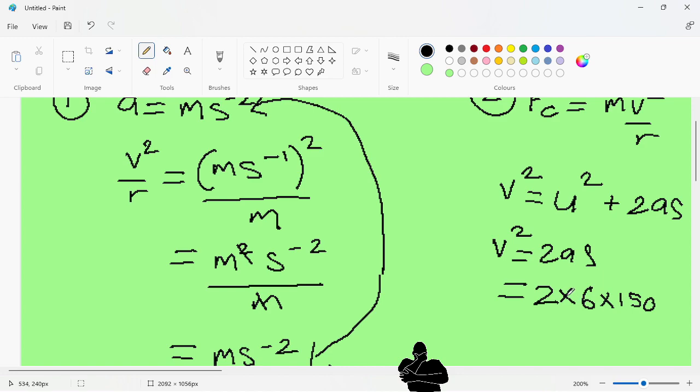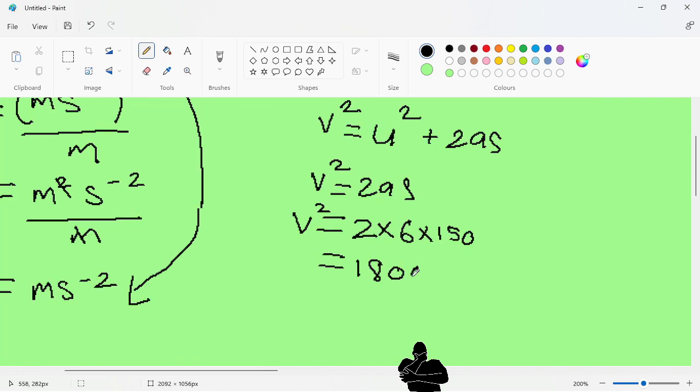Now, the acceleration that the car has in the straight line is going to give you the final linear velocity that the car has as it enters the bend. So that's what v squared is going to be. V squared is going to be the square of that velocity. So when we have v squared, we're going to get 1800 meters squared per second squared.